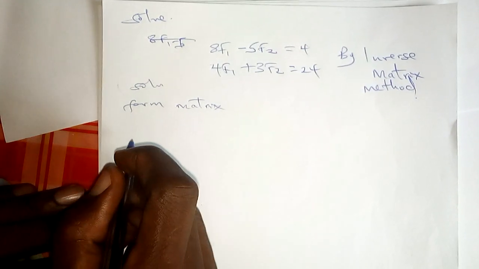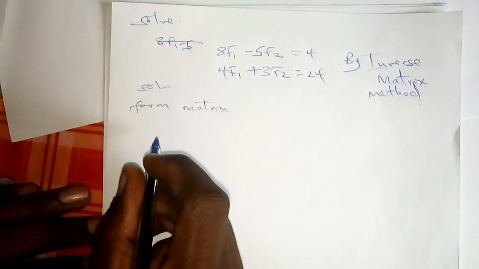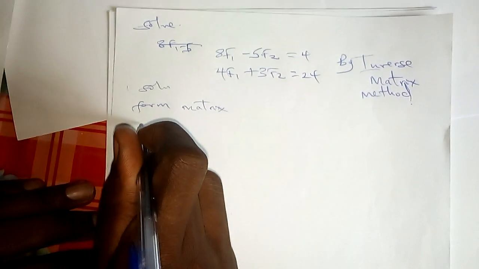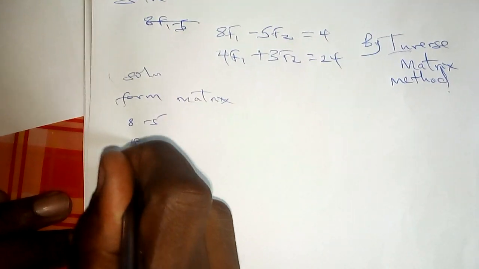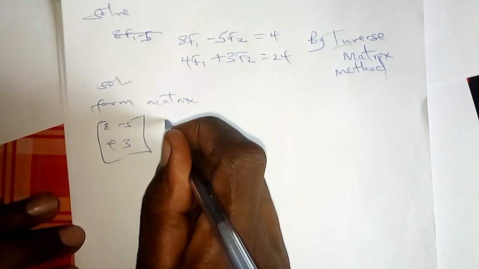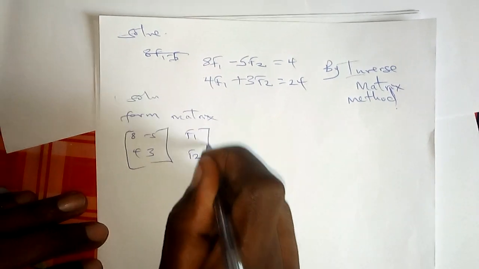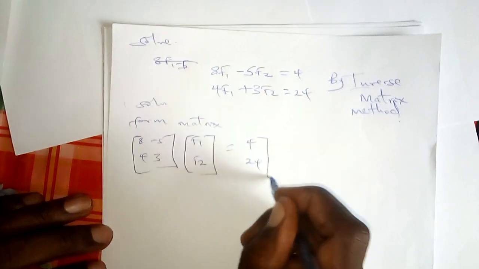It's a simultaneous equation, but you apply the inverse method. So it will be 8 negative 5 4 3, matrix bracket f1 f2 is equals to 4 24.